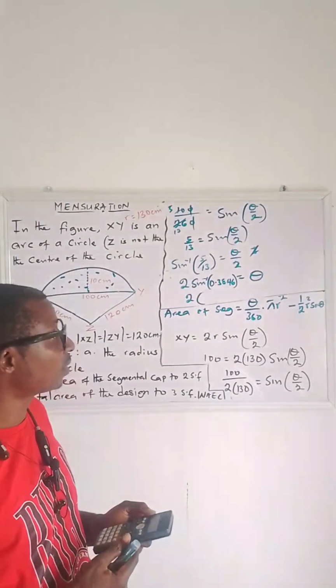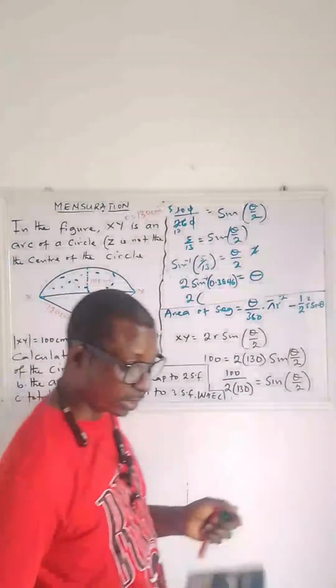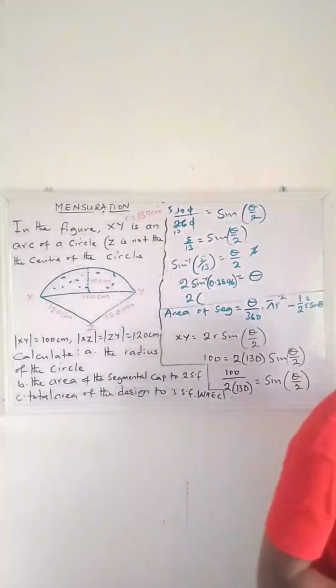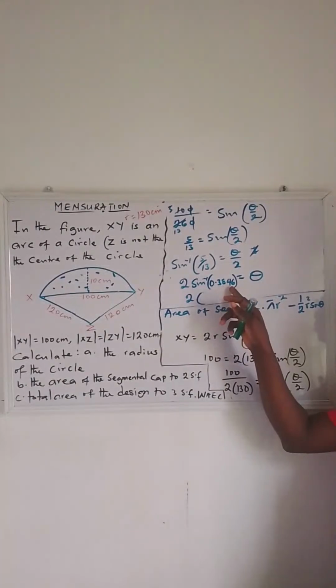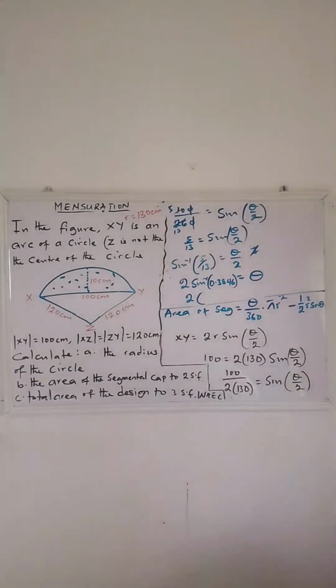Okay, so if you have your answer, you can drop that in the comment section. Let's see. So make sure you are doing something. So punch your calculator and press arc sine of 0.3846. Drop your answer in the comment section. Let's see what you have for that. Yes, is anybody dropping the answer?